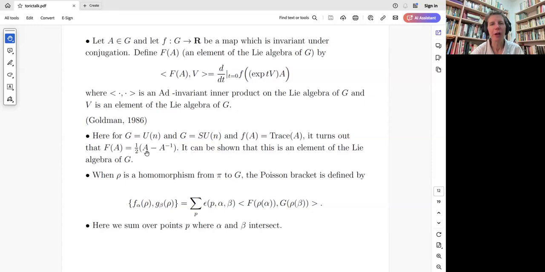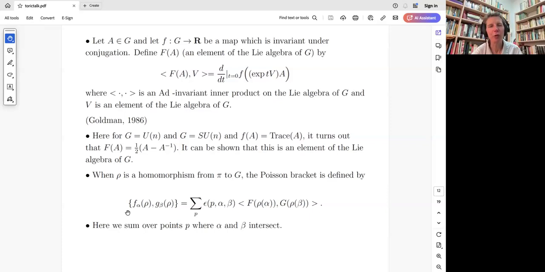So it turns out that for G equal to SU(n), and Goldman used f of A as the trace of A, it turns out that the gradient of f at A is just half of A minus A inverse, the average. It can be shown that this is actually an element of the Lie algebra of G. So when rho is a homomorphism from the fundamental group to G, the Poisson bracket is defined.